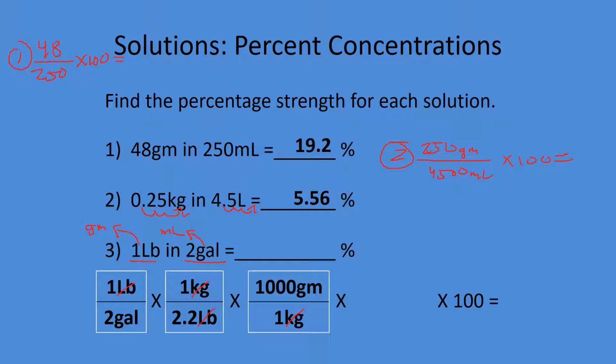We got 3,840 mLs per gallon. Gallons cancel out. We're left with grams per mL, and that's the units we need. And then don't forget to multiply by 100. So a pound in 2 gallons yields about 5.92% strength solution.